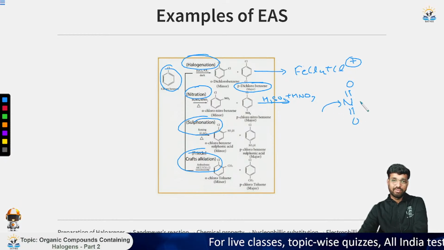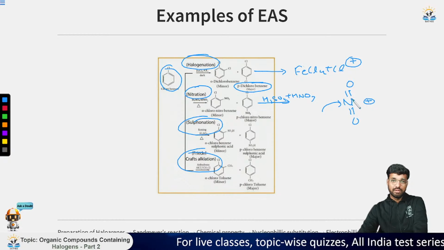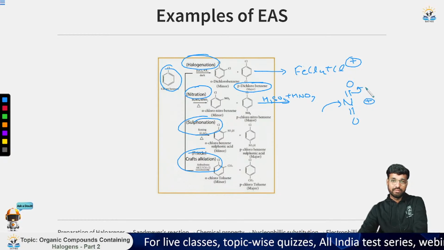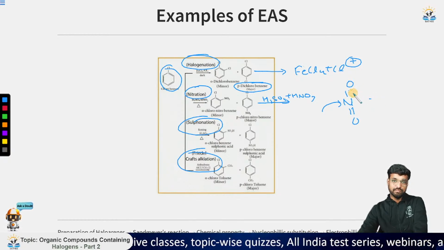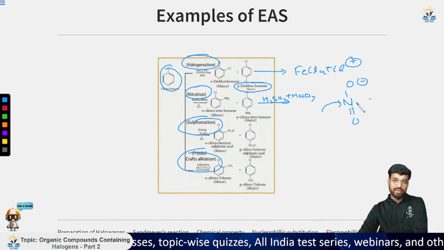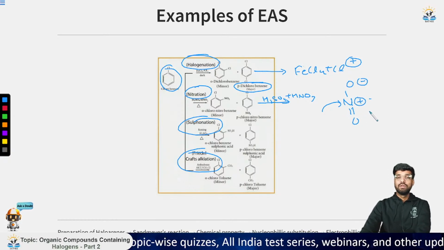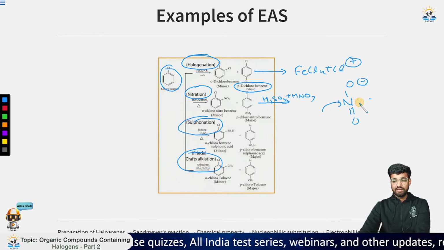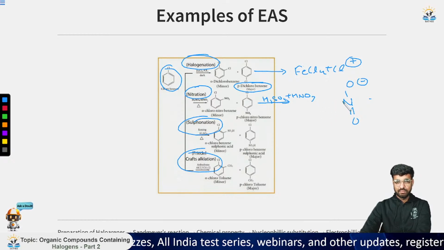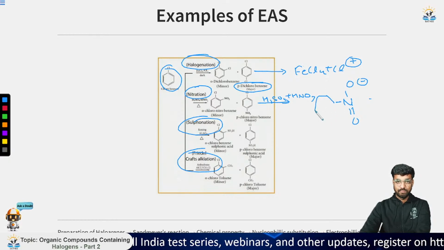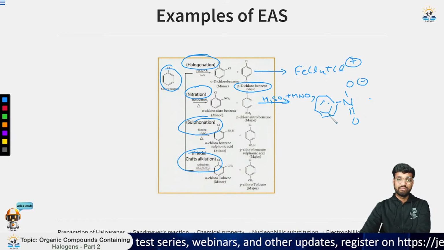Now the attacking nucleophile comes here, and one of the lone pairs goes here, and we get NO2 plus and the substituted product. So this is the nitration process we have.